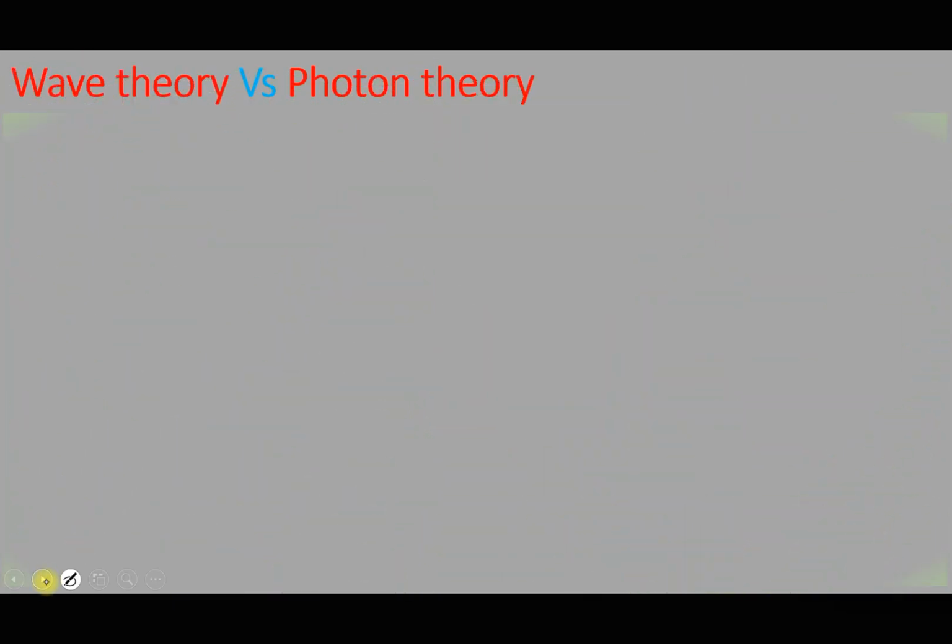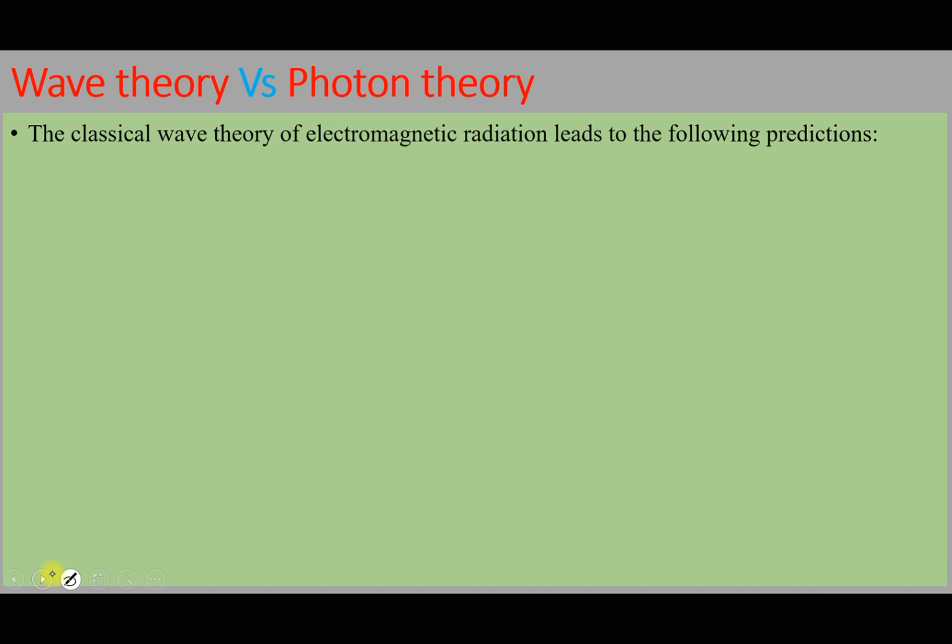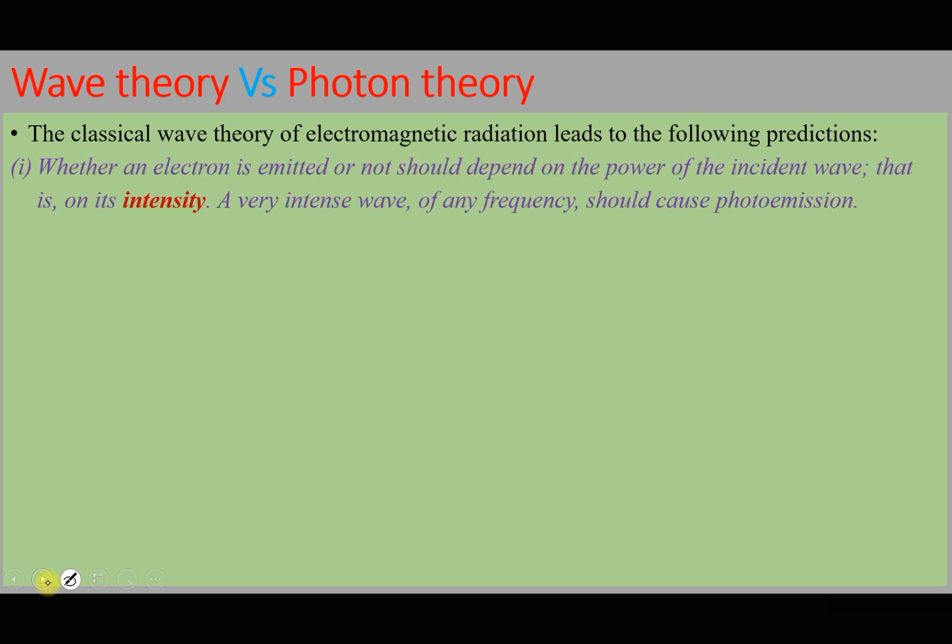So the classical wave theory of electromagnetic radiation leads to the prediction that whether an electron is emitted or not should not depend on the power of the incident wave, that is, on its intensity. Remember, intensity is power per unit area.